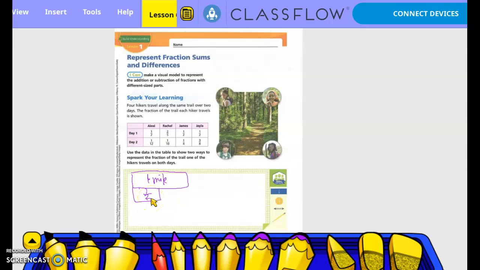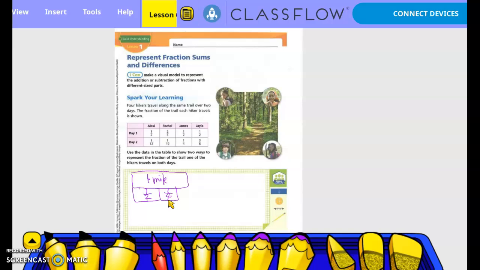Then on the second day, he goes how much further? 1/4. Is 1/4 the rest of this? No, it's only half of the half, right? Now, if I were to add those, could I add them exactly like they were?